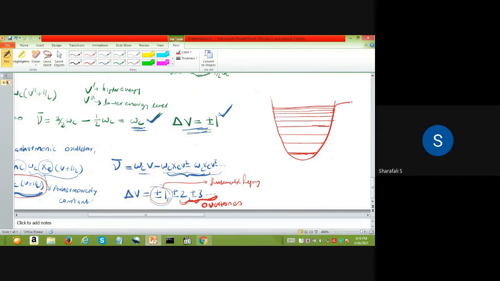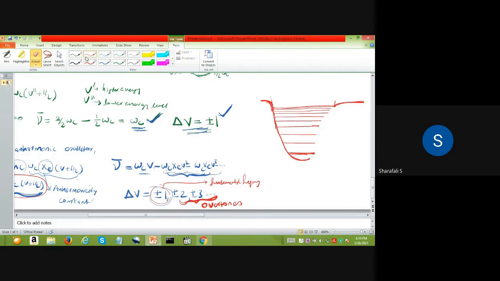Why? Because of your potential curve. I will explain how this comes in this form. If you look at that potential in its exact fashion, it will go like this.